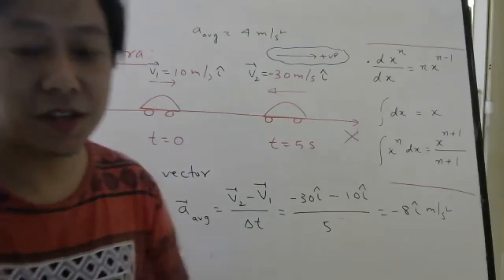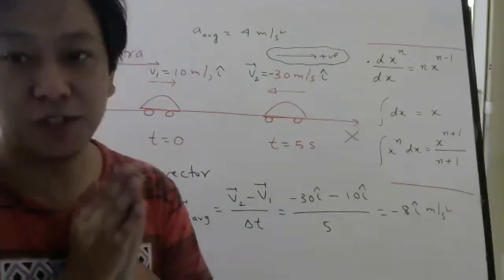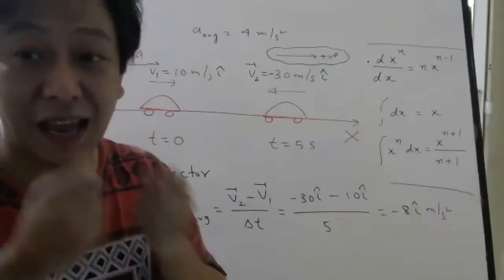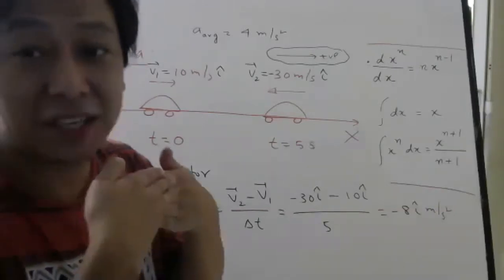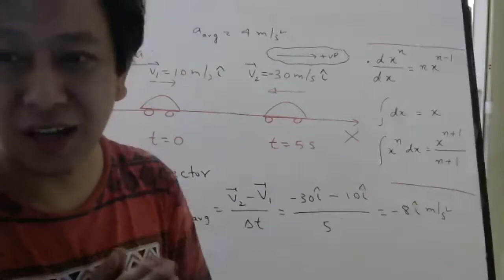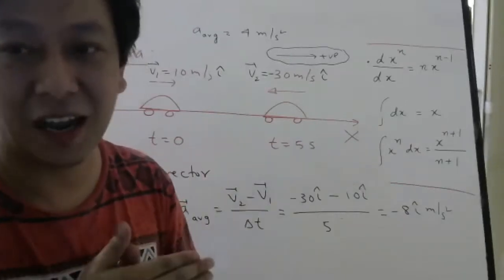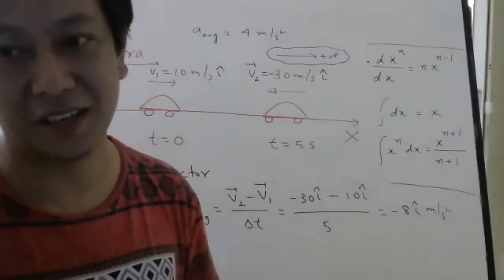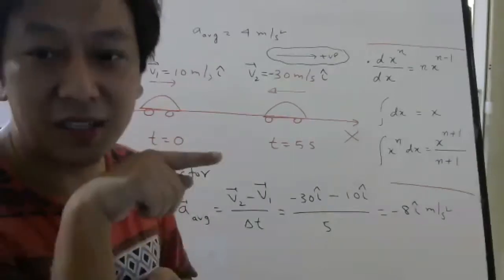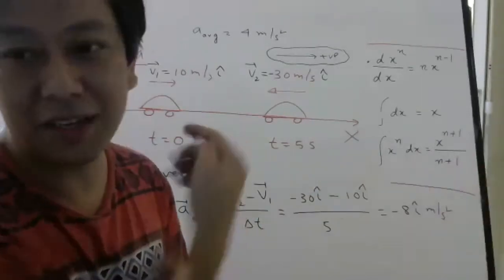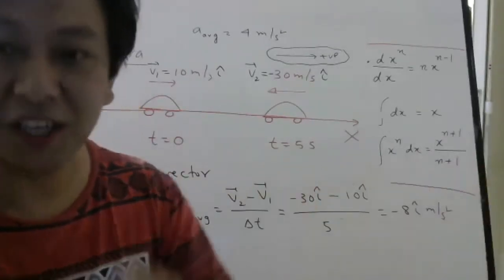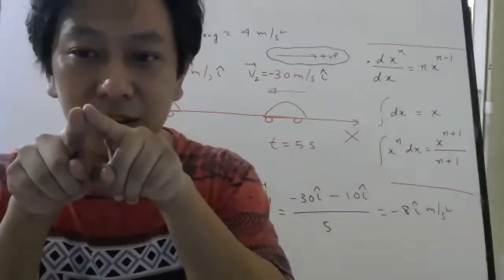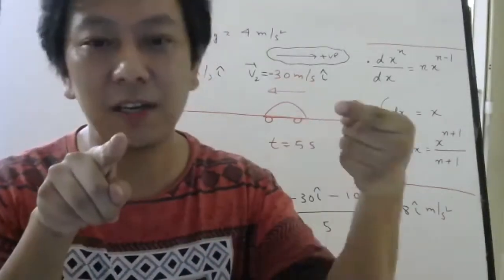Okay. So the reason why I did this extra question was to make you understand that as long as the motion is in a straight line, there is really no need for vectors. We can take this side positive, this side negative. Because in motion in a straight line, the bodies will be moving either this way or this way.